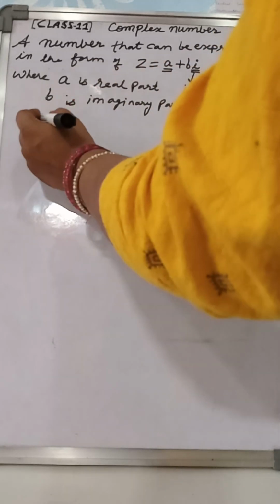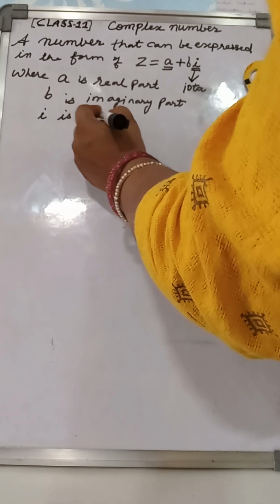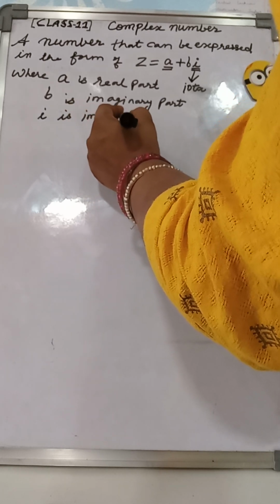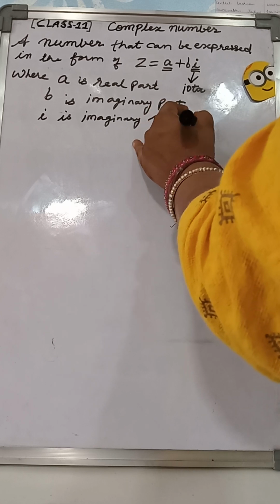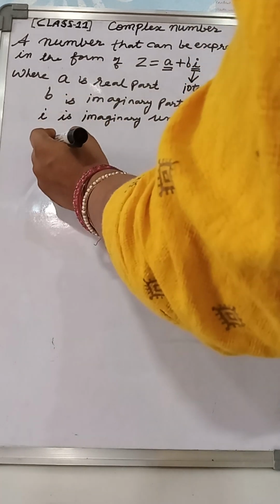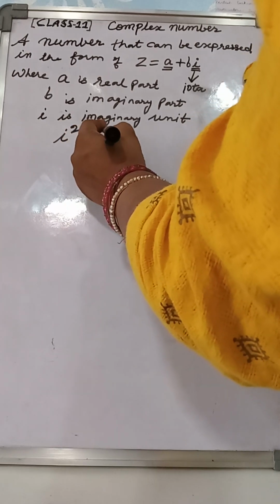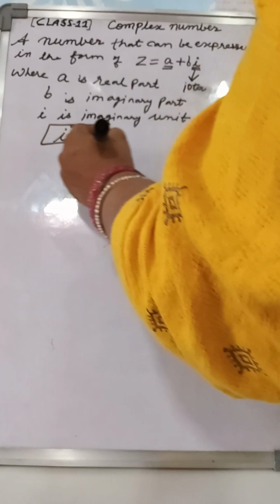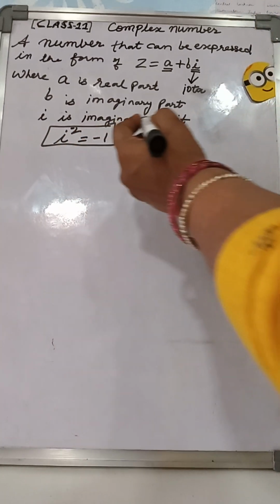And this i is imaginary unit. It is imaginary unit with property iota square equal to minus 1. The value of iota square is minus 1.